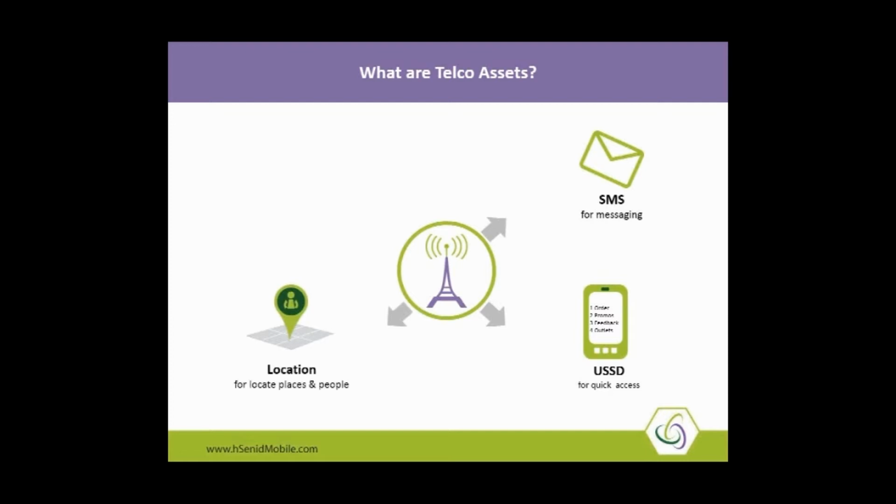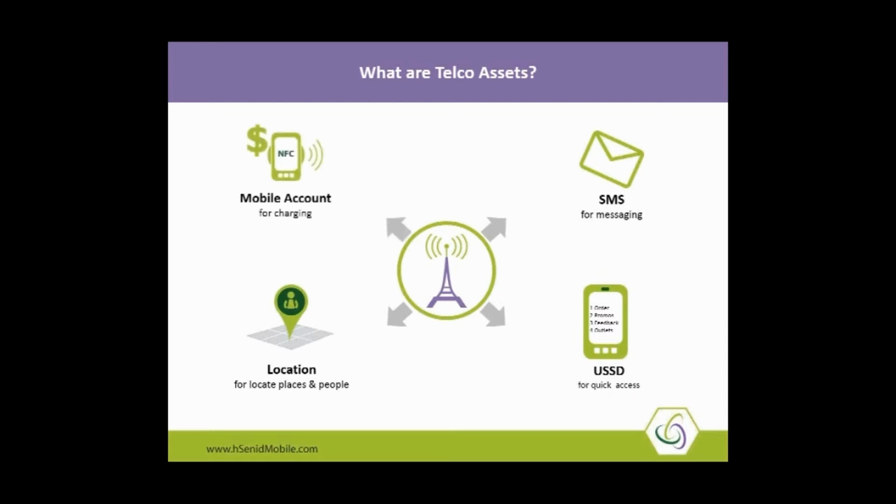Location is another powerful API available with the telco, where you can identify where a particular user is just by using their phone number. If the application knows the phone number, you can identify where the user is and which area he is in, and based on that, do your logic, or you can run promotions on top of that.